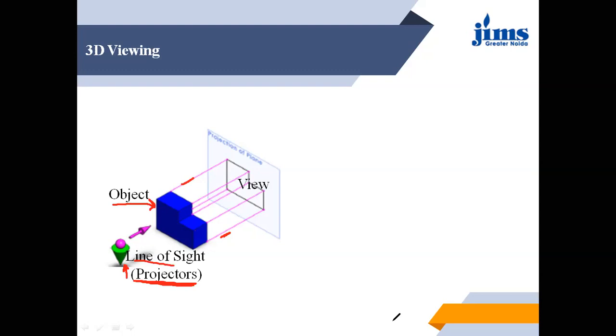So one way is that I can see the image of this object behind it. As this is the object, this is the image of this object, as we discussed in the last slide.